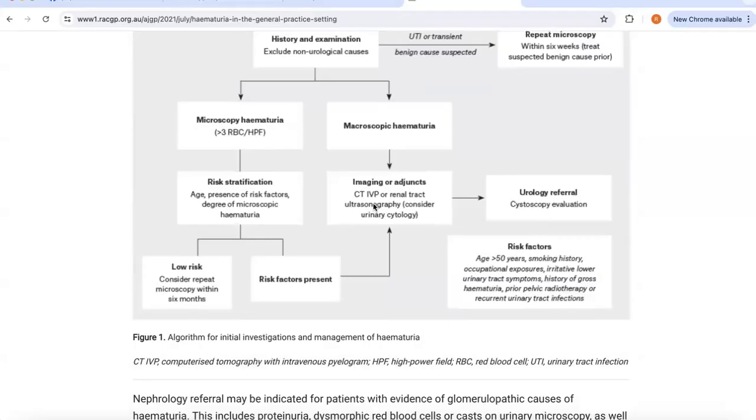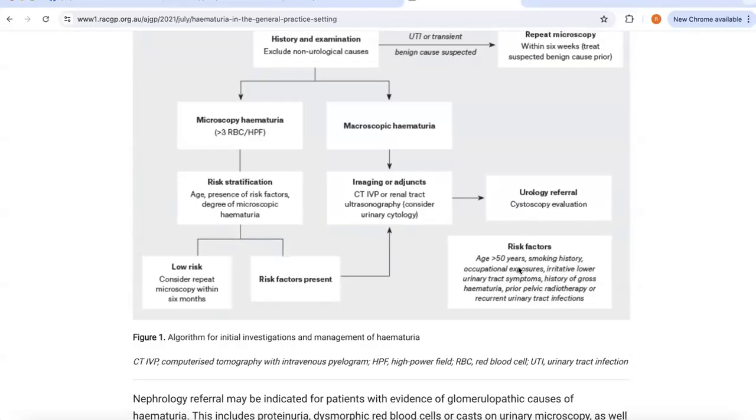So for that patient, you do a CT IVP or ultrasound, plus a cytology, and then refer to a urologist because they might want to do a cystoscopy to look into the bladder. Again, for any gross hematuria, whatever the age, it is better to go for whole imaging: CT IVP plus a urine cytology, followed by referral to a urologist for cystoscopy.